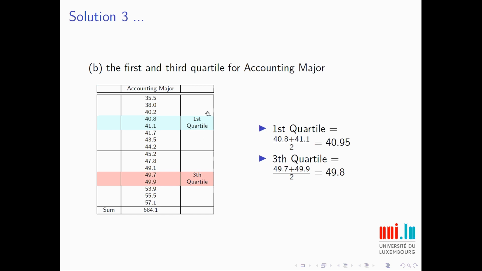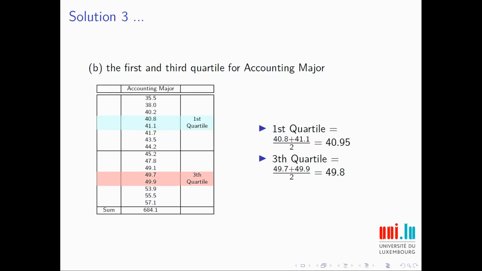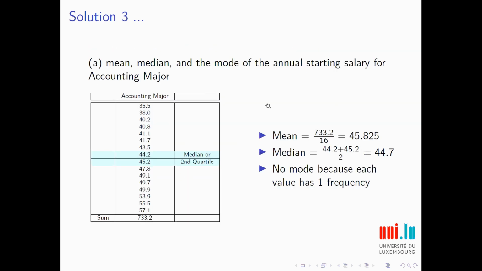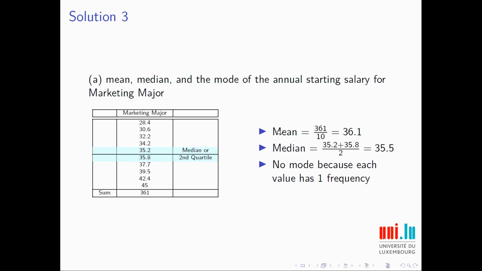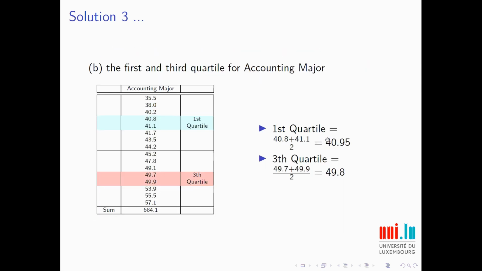So the same exercise we repeat for accounting measures, the same way we find the first and third quartile. And actually, here you just have to compare the mean of these two variables for accounting and for marketing measures. So you have to compare mean, median, and quartiles.